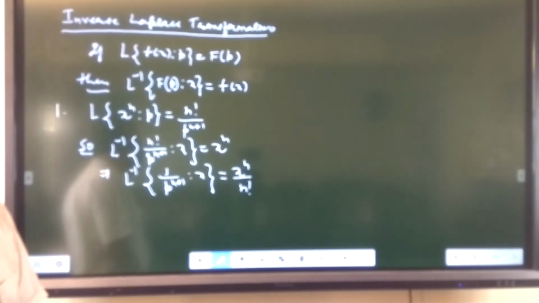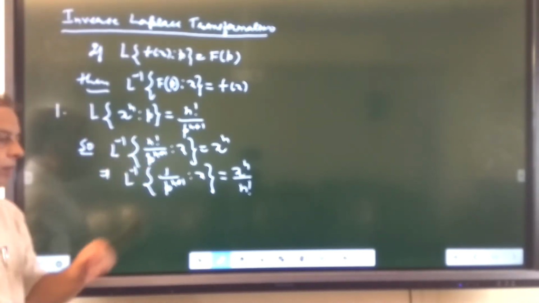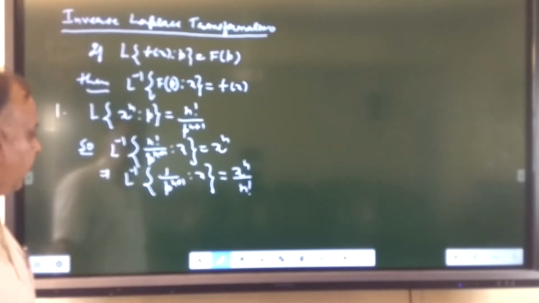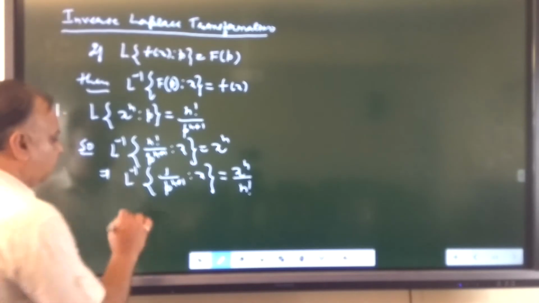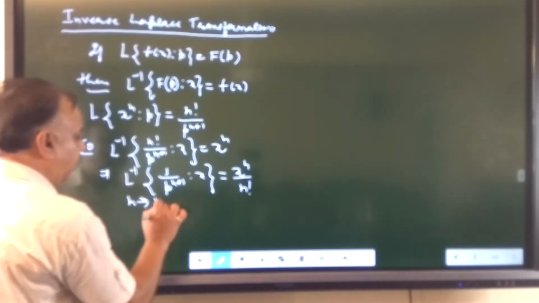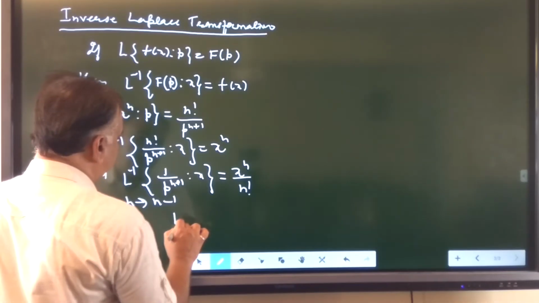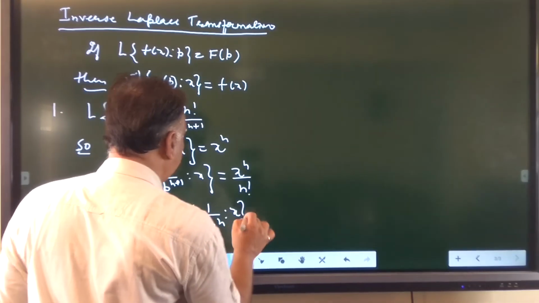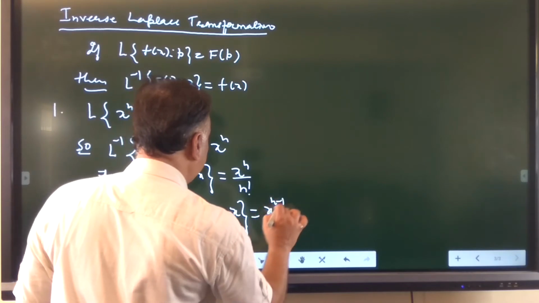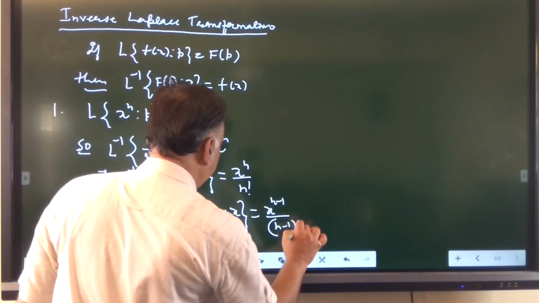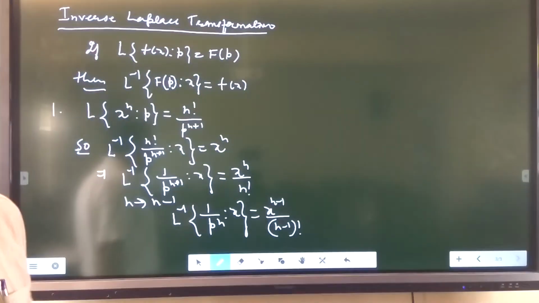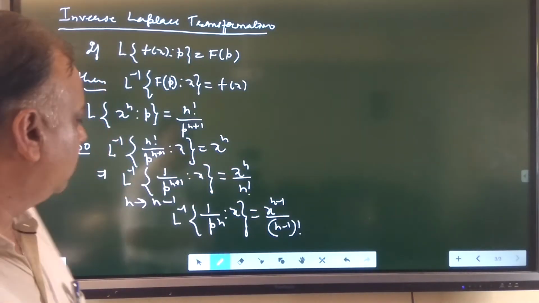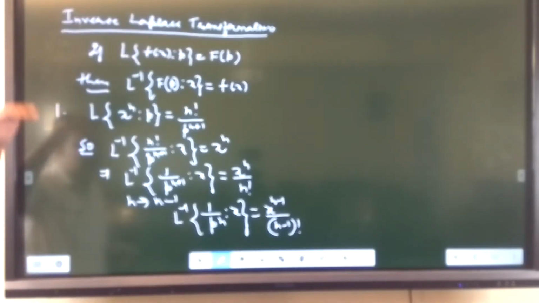If we replace n by n minus 1, then we get the inverse Laplace transformation of 1 upon p raised to n with respect to x is equal to x raised to n minus 1 upon factorial n minus 1.